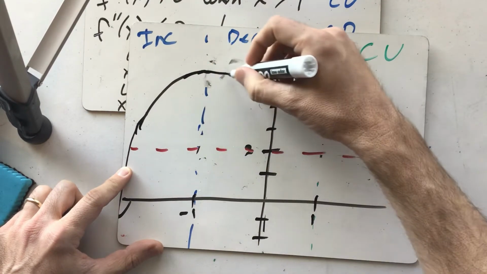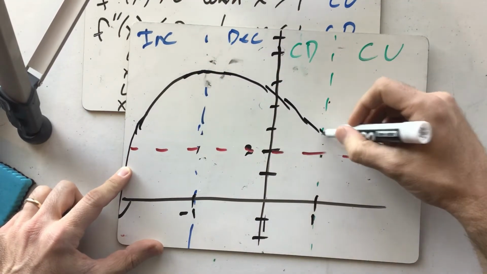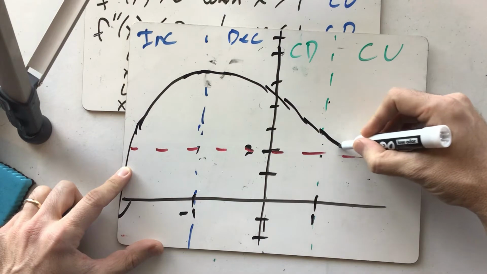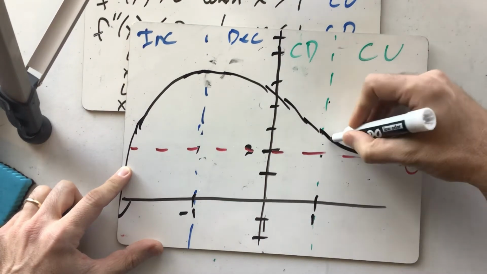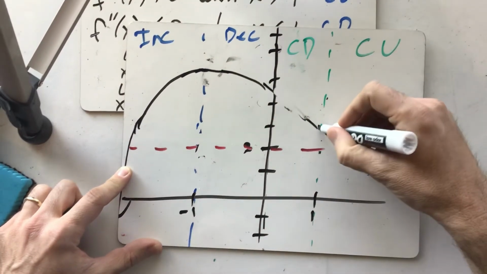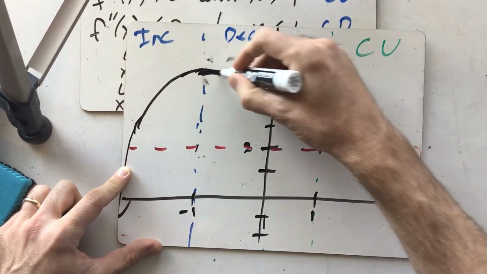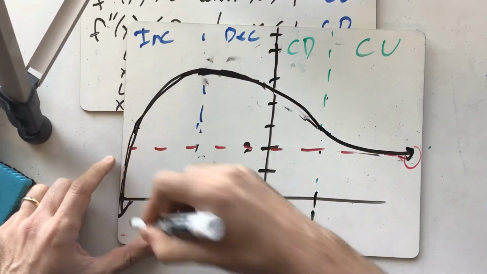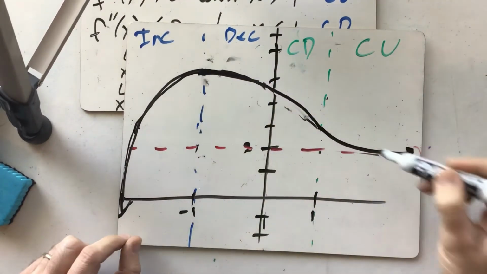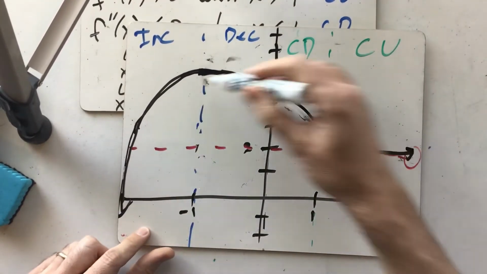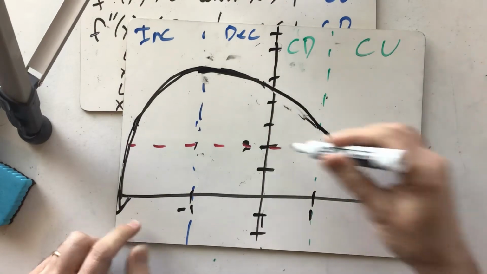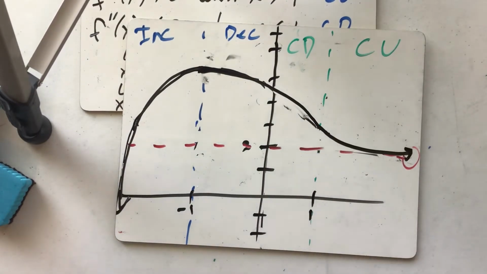Then we're coming down here, and this point is where I switch to concave up. So I've got concave up, and then here I've got concave down. And if I did it right, I hit my maximum right here, and I come back down here. So increasing, decreasing, concave down for all of this section, concave up right here, and the asymptote right there.